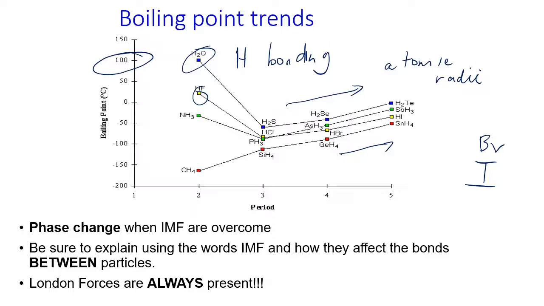So now looking at the green dots, so again, ammonia, hydrogen bonding, nitrogen right next to hydrogen, and high boiling point at about -55. As we go across, you'll see that phosphine here has a lower boiling point, and the reason, of course, again, hydrogen bonding is no longer present, so that's a very strong bond that's no longer there.